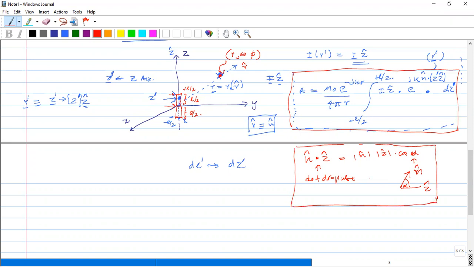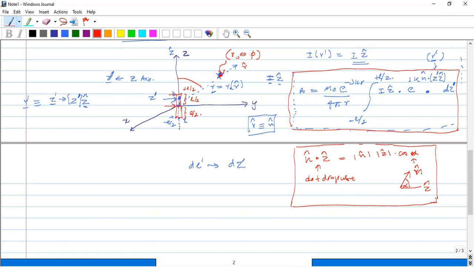Now you have to take the dot product. Consider this r is in spherical coordinates, so the position vector is r hat. The angle from the z axis to this position in spherical coordinates is theta.